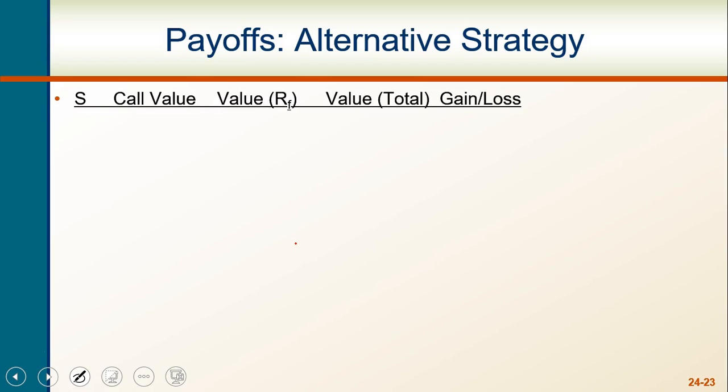To look at the payoffs for this alternative strategy, we again have a table. Let's understand the headings first. The first column will record the possible stock prices, so we will build the scenarios here. In the second column, we will record the value of the call option. In the third column, we will record the maturity value of our risk-free investment.